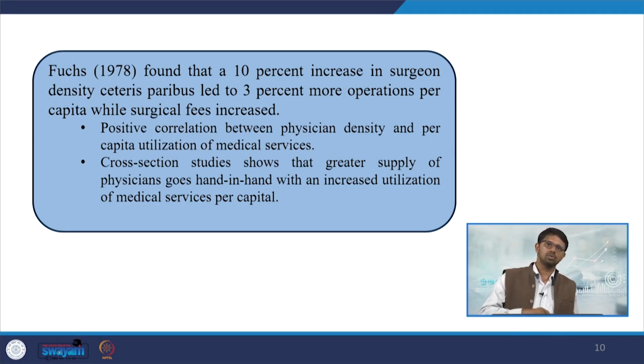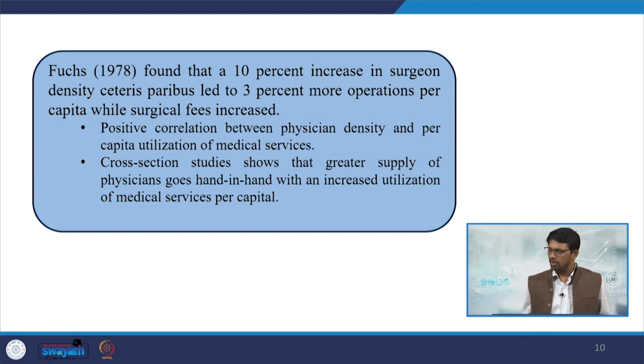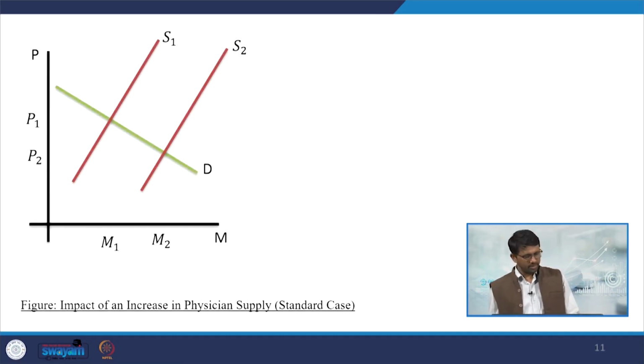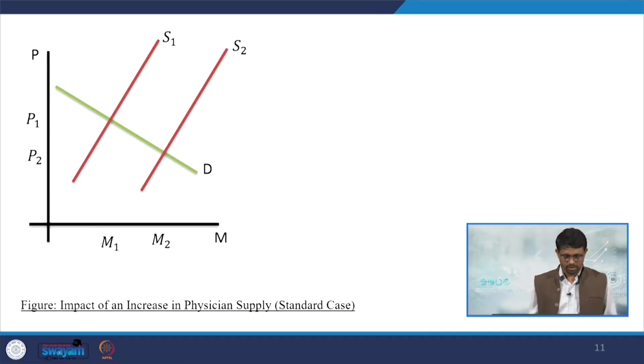Cross section studies show that a greater supply of physicians goes hand in hand with increased utilization of medical services per capita. Now we are presenting how the supply side is inducing the demand.